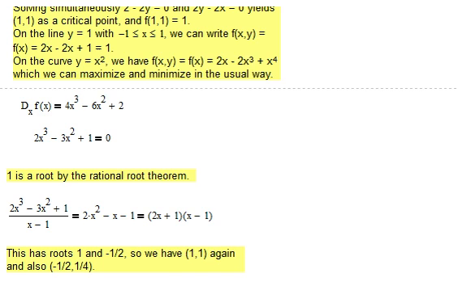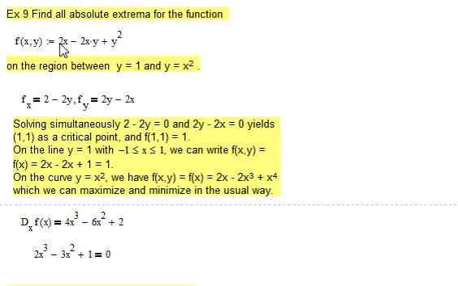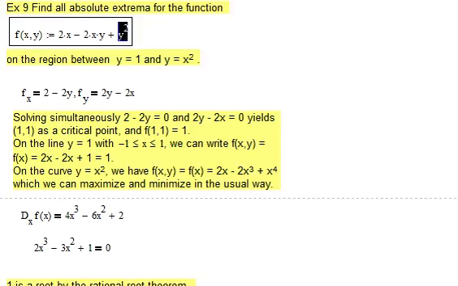That's a very good question. So let's go back to the original function. Here we go. X is negative a half, y is a fourth, so this is negative 1 minus 1/2 plus 1/16.